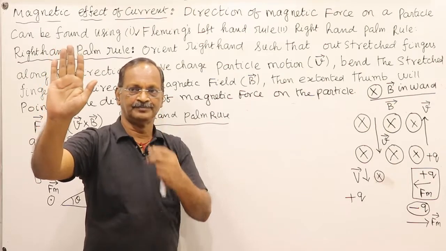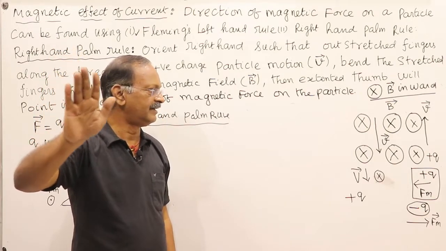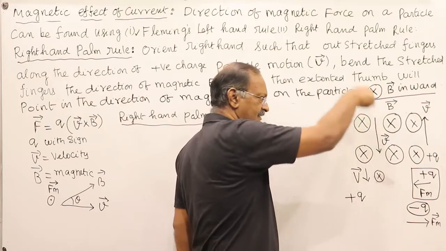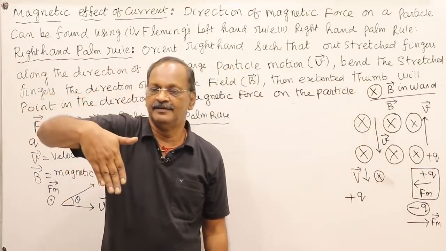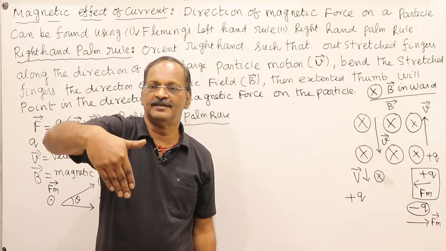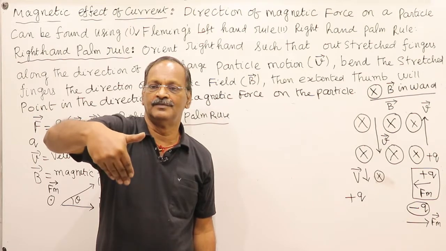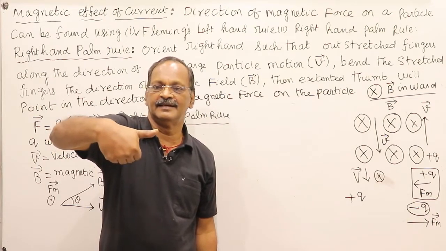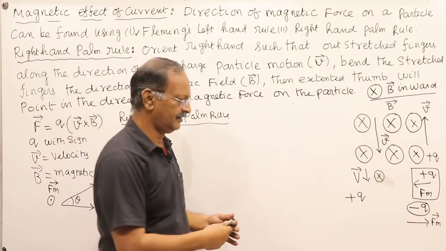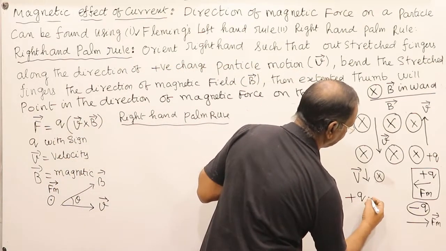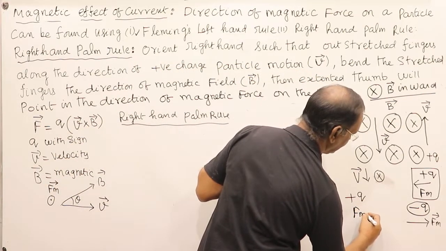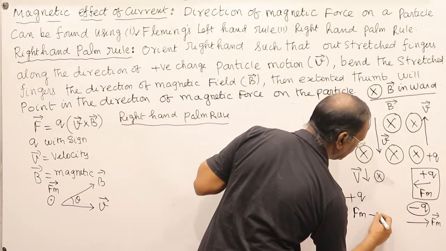First we orient it along the direction of velocity, downward, and the magnetic field is inside, so we move inside. This is the direction of magnetic force. If it is a negative charge here, the direction of magnetic force will be in this direction.